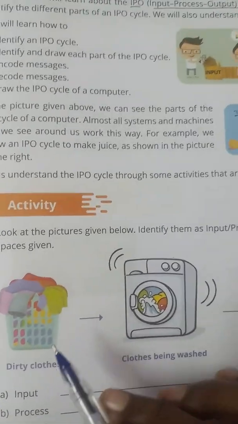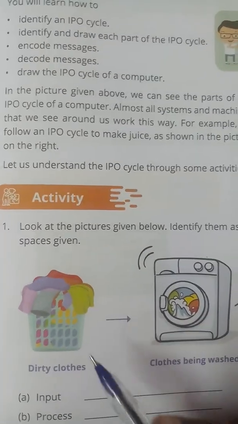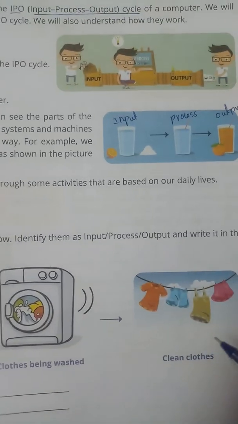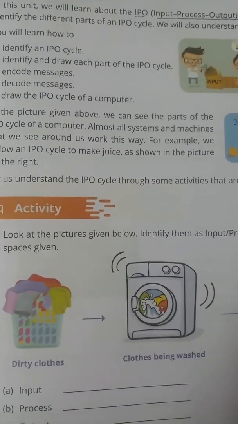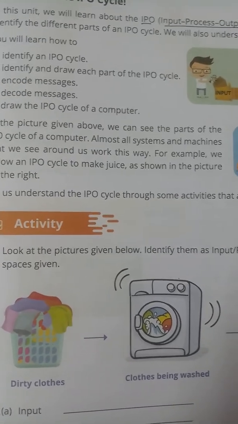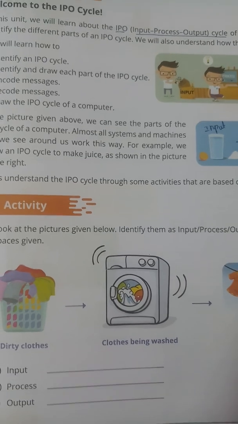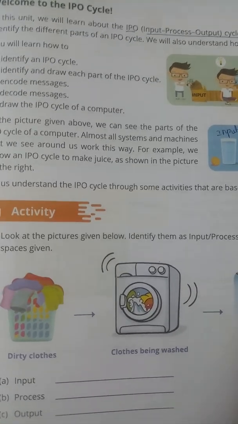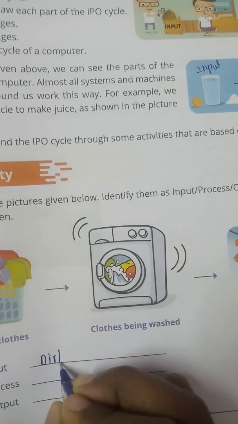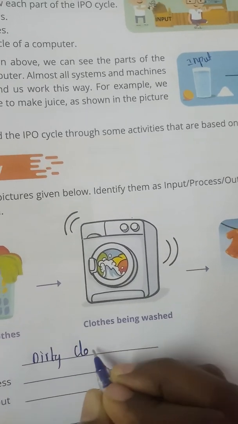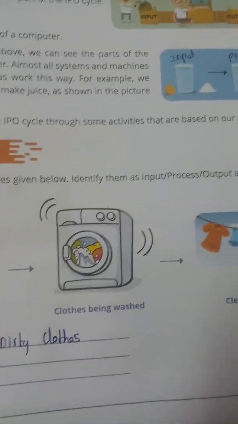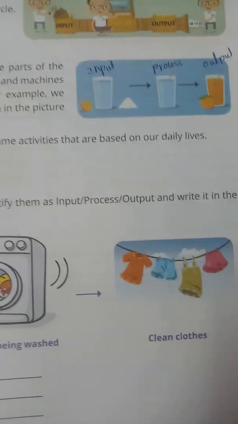Here dirty clothes are given, and then clothes being washed, and then the clean clothes. What is the input here? Yes, the input is dirty clothes.